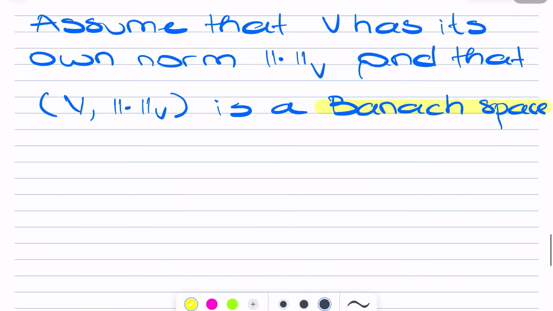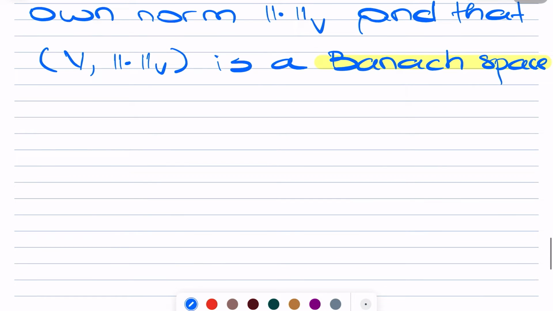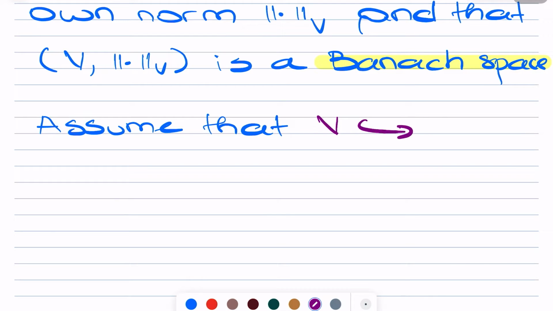And again, assume that the canonical embedding is continuous, right?